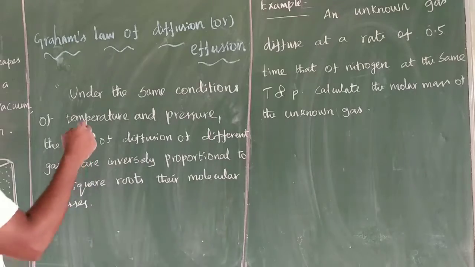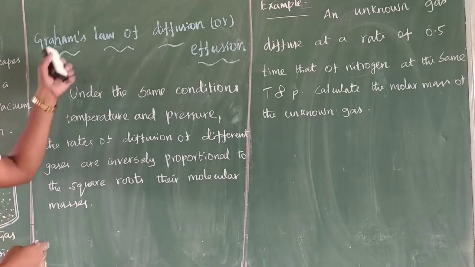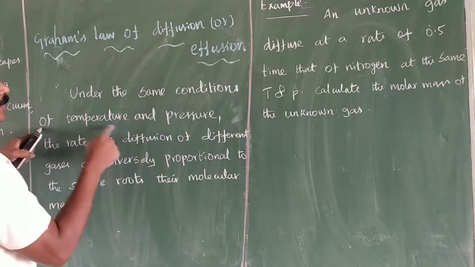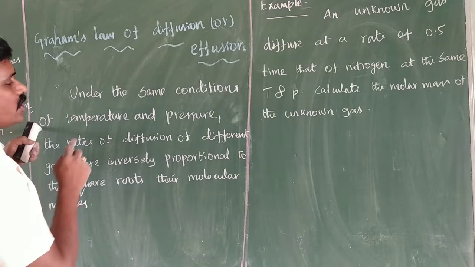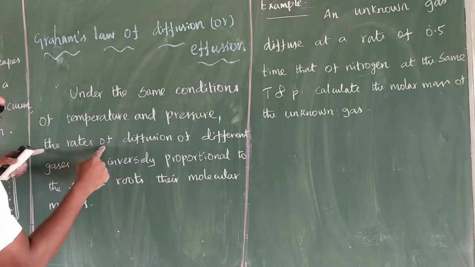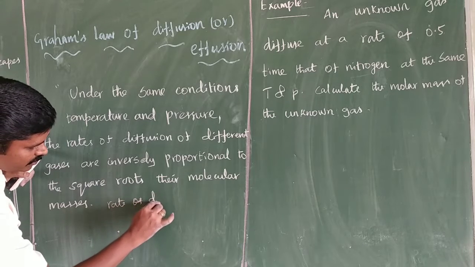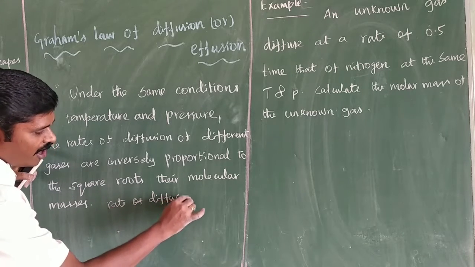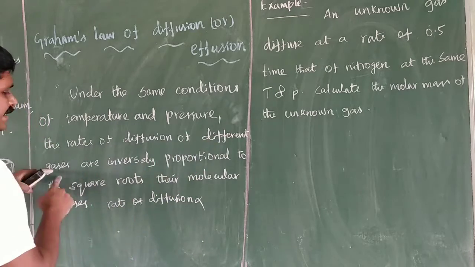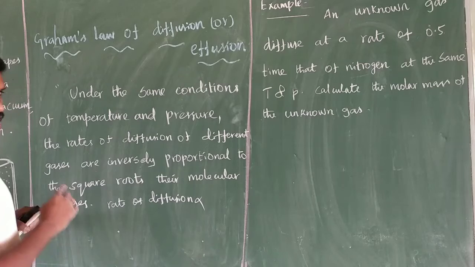Graham's law of diffusion or effusion: under the same conditions of temperature and pressure, the rates of diffusion of different gases are inversely proportional to the square roots of their molecular masses.